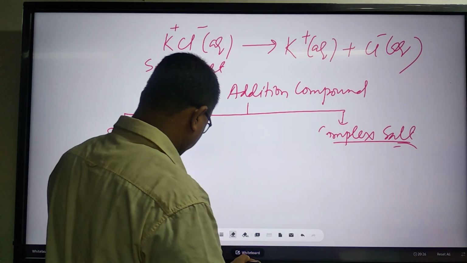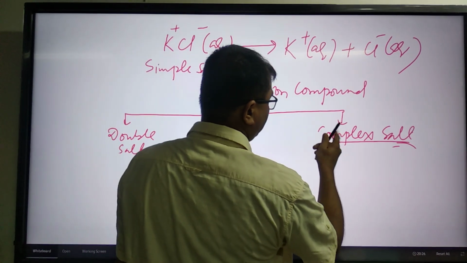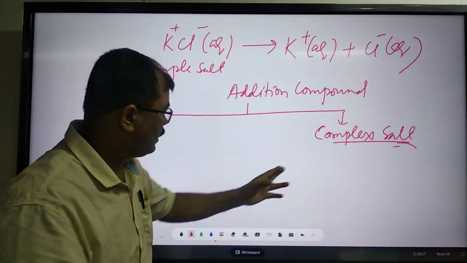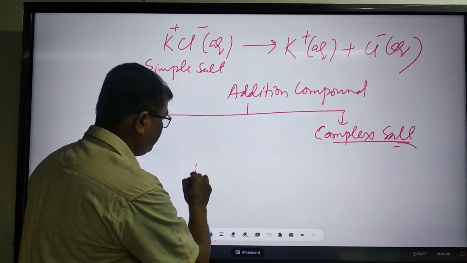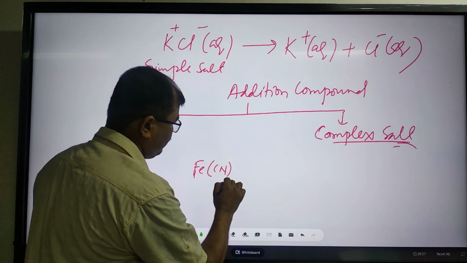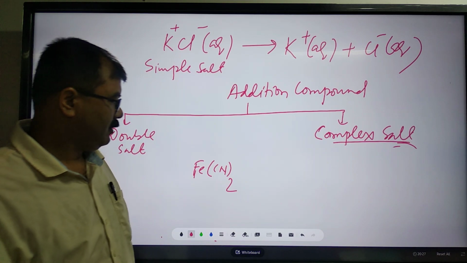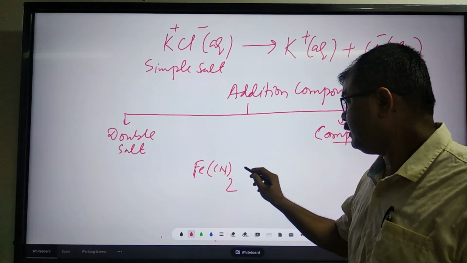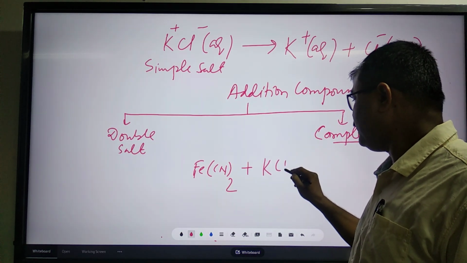If we talk about the complex salt, suppose Fe(CN)2, ferrous cyanide plus potassium cyanide.